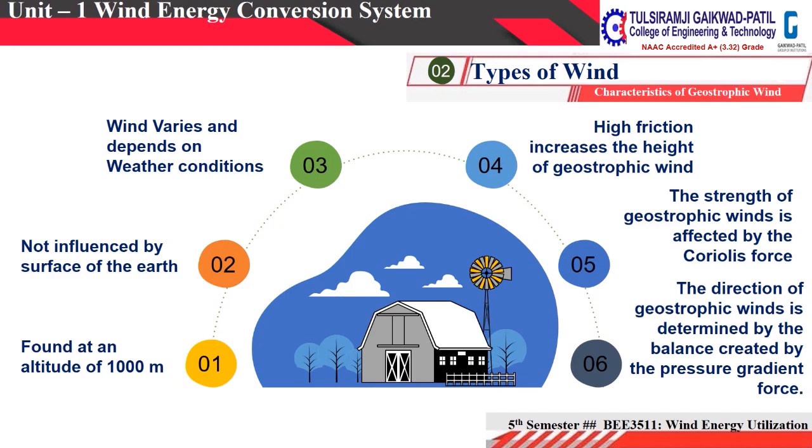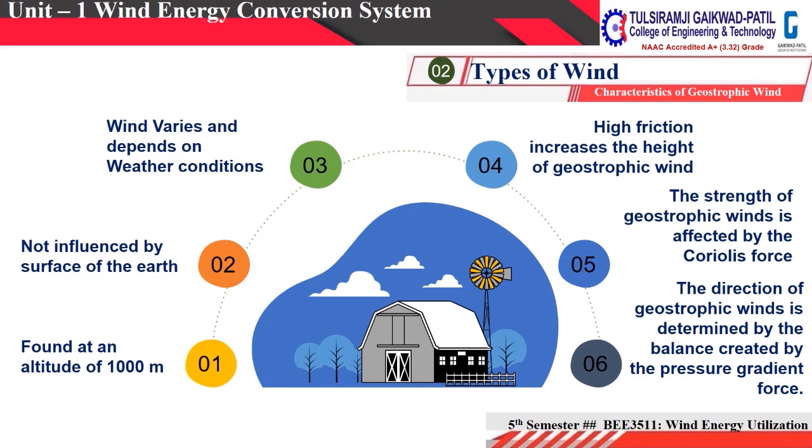So, we will summarize today's lecture. Today we have started with the first unit, that is the wind energy conversion system, but before moving to the wind energy conversion system, we have understood what exactly the wind is.